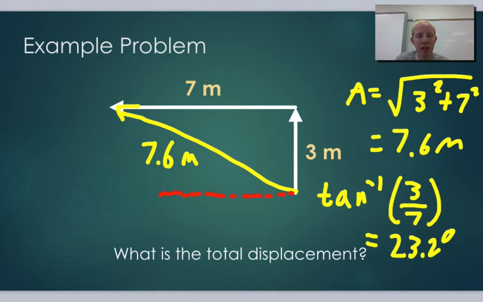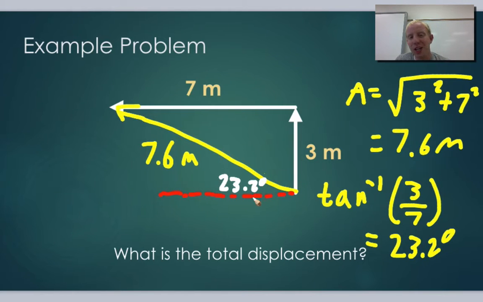Or to the west or to the east, however you want to say it. So in reality, 23.2 degrees is this angle right here. That's the angle we just found, not that inside angle. So you just got to be careful and make sure you're describing properly what you're finding. Alrighty. But there we go.